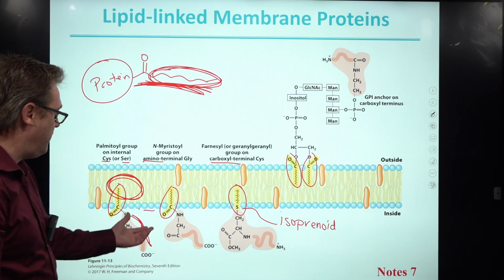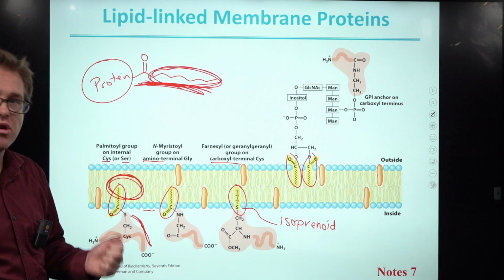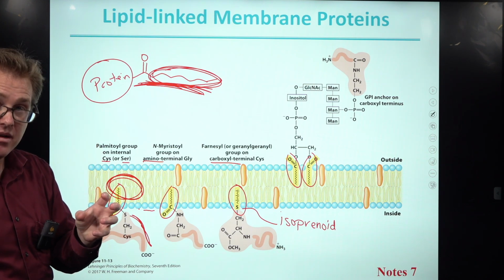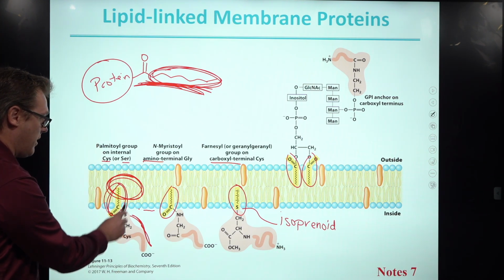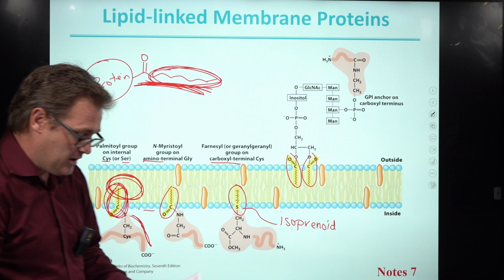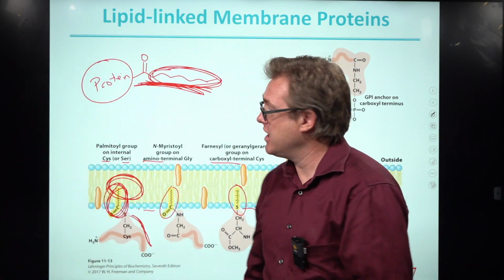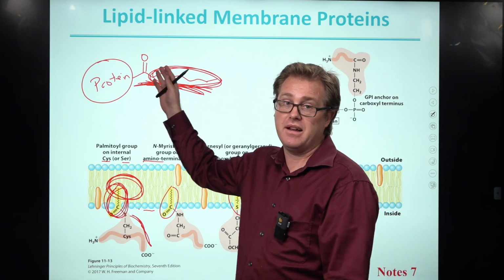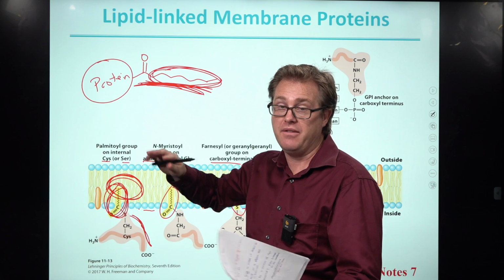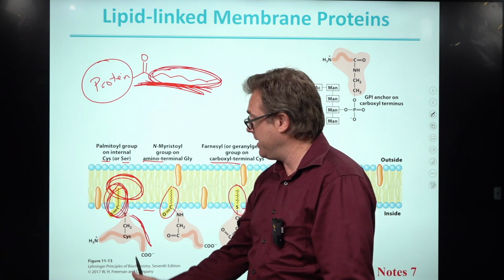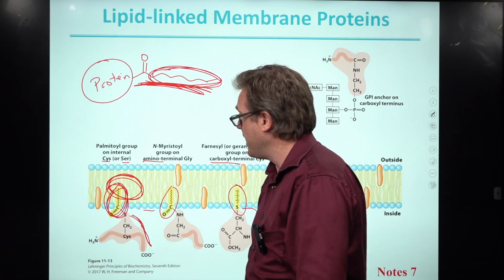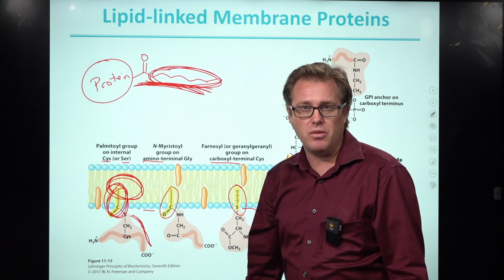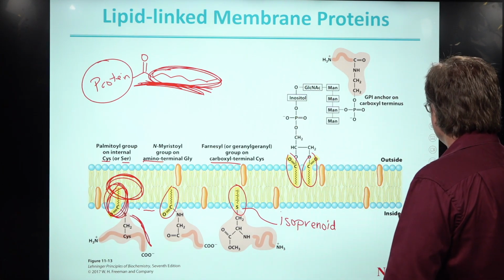So there's going to be some favorable interactions between the protein and the membrane to help keep it there, and the linker right there. So that's the general idea of what's going on, is we are going to have a protein, we'll attach some kind of fatty acid to it, and then that protein fatty acid pair is going to come in and insert itself into the membrane. Now I want you guys to understand these names right here and what that's talking about.